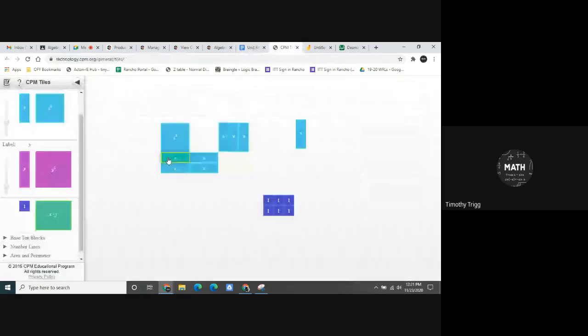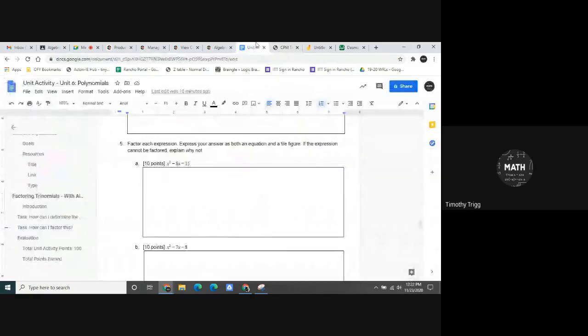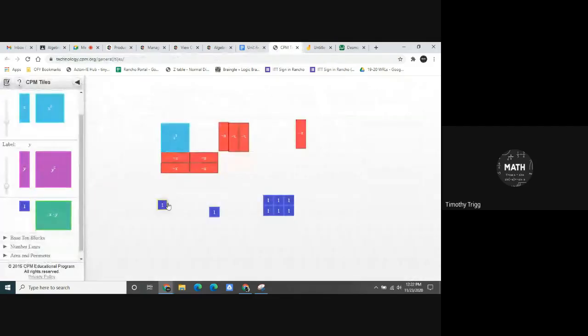These are negative 8 x's. These are all negative. And we have positive 15 singles. So let's move in all those unit tiles. So that's 10, 14, 15. Okay.